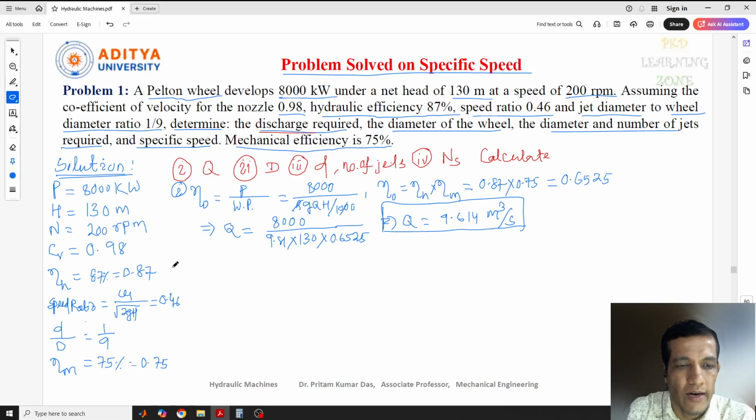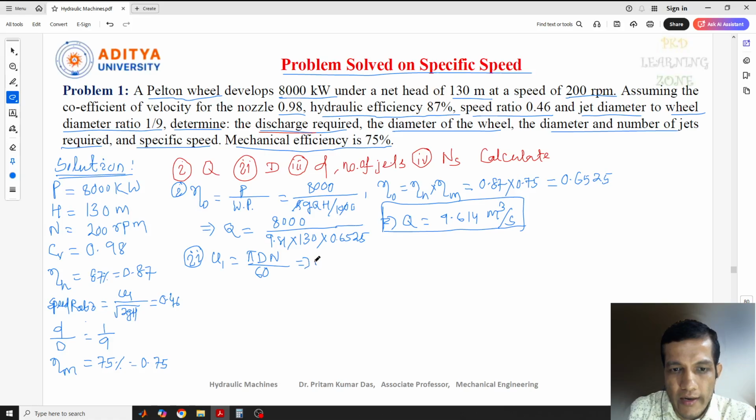It's easily identified. Now the second point, if you see what they asked, we need to calculate the diameter of the wheel. In the formula we know that tangential velocity U1 equal to pi d n by 60. Now in this formula, U is unknown, pi is known, d is unknown, n is known. So U1 value, I told you already, we can calculate from here.